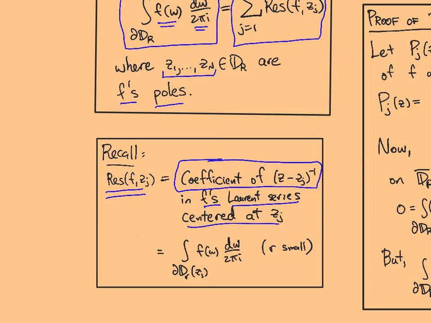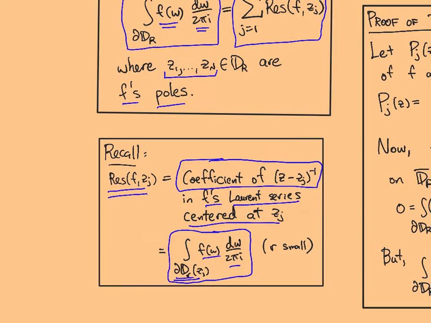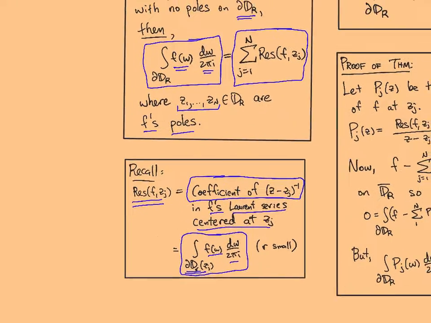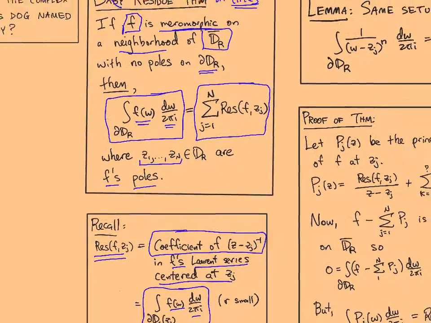This can also be computed by taking a small circle around zj and integrating around that circle of f dw over 2 pi i. So that's what residues were, and at the time that we introduced these, they didn't seem like anything special. But this residue theorem is very powerful.